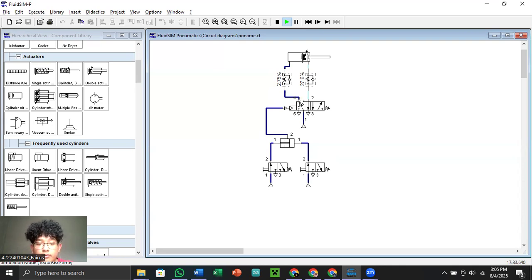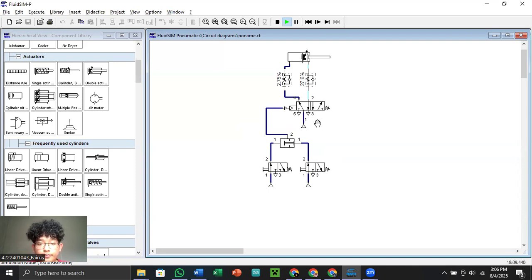When both buttons are released, air stops flowing to the pilot port and the internal spring in the 5/2 valve returns the spool to the original position, like this. This reverses the airflow direction, sending compressed air to the right side of the cylinder, causing it to retract.